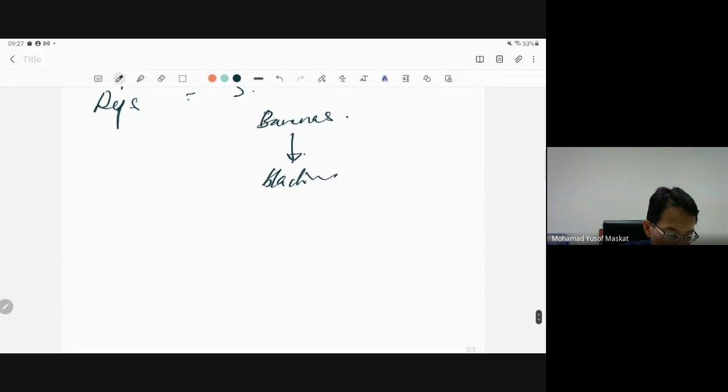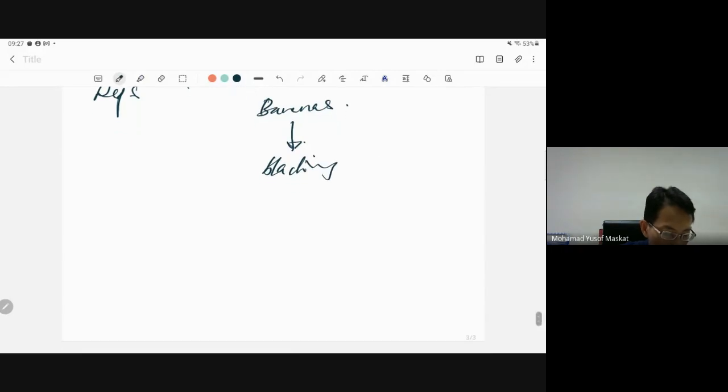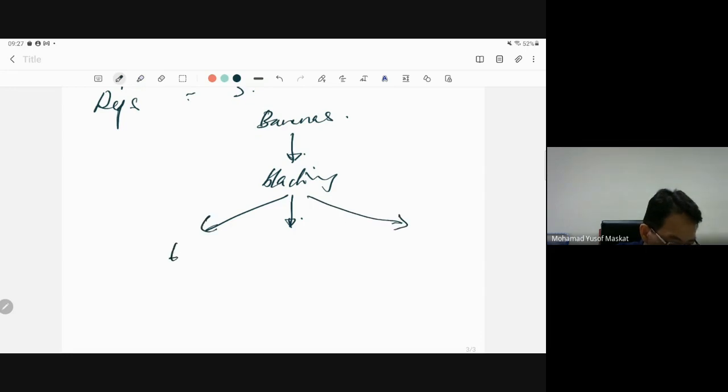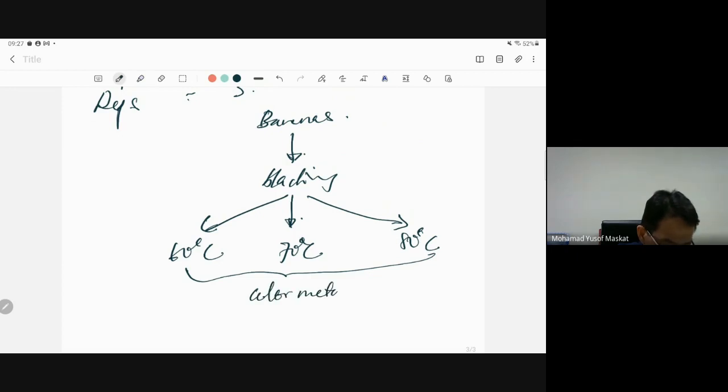This is a shortcut to make the story short, of course there are several other steps. You blanch at 3 different temperatures, and then analyze using a color meter based on L.